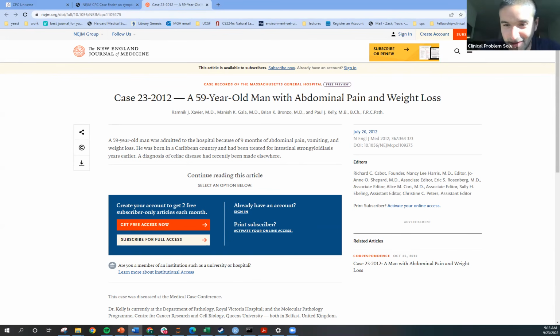Okay, so a 59-year-old man was admitted to the hospital because of abdominal pain, nausea, vomiting, and weight loss. The patient had been well until 9 months prior when weakness and anorexia developed. Initial workup at an outside hospital showed no lab abnormalities, including a normal TSH and a negative fecal occult blood test.